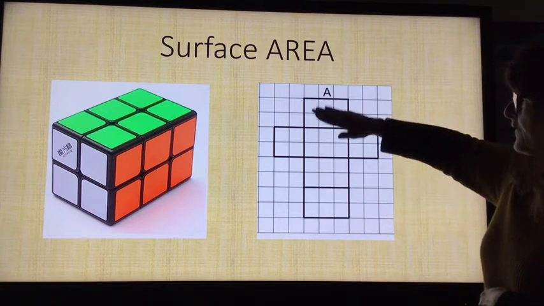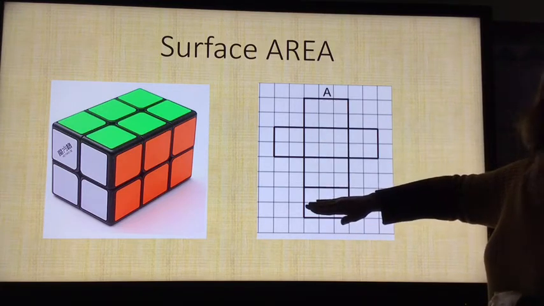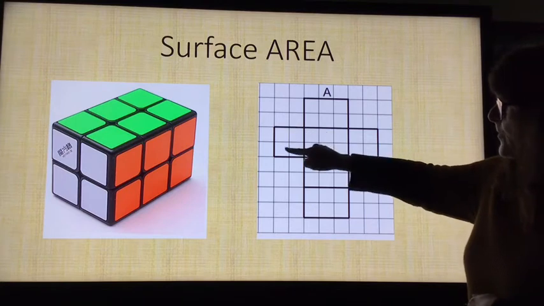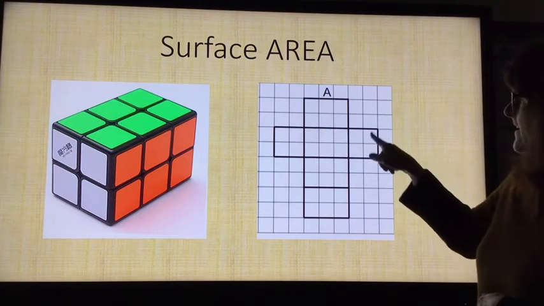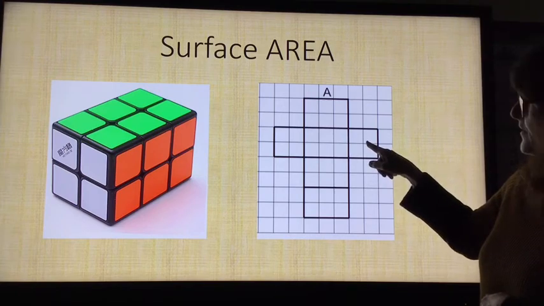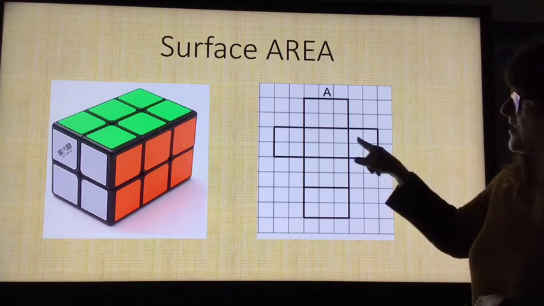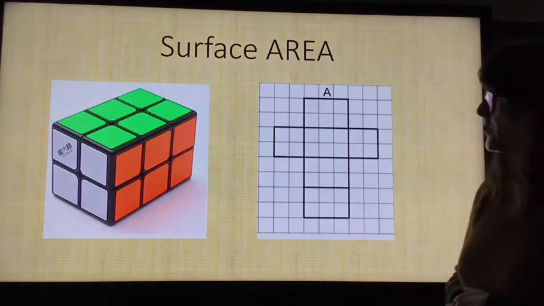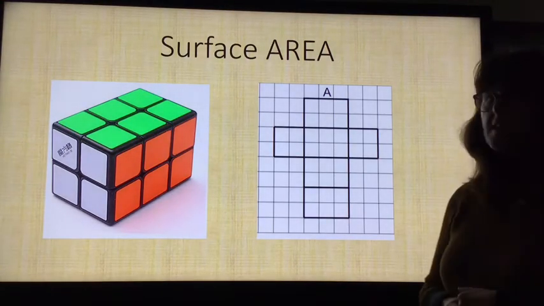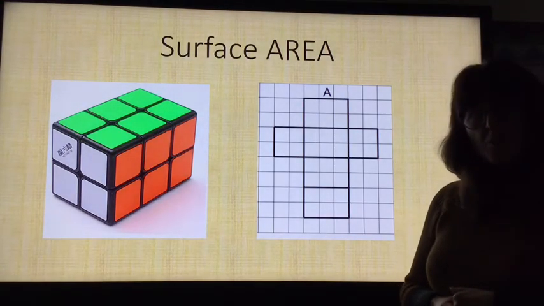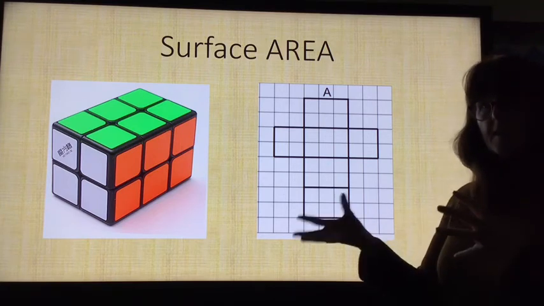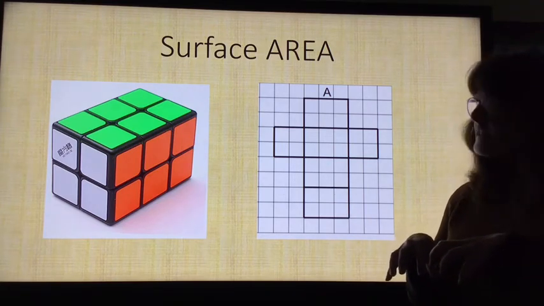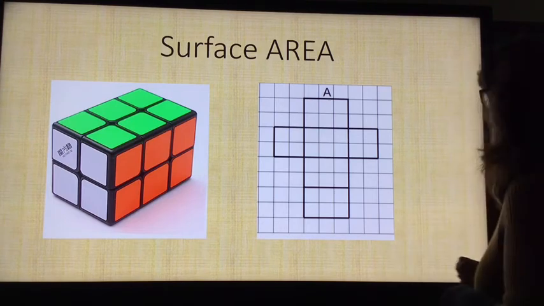So 4 times 6 is 24. Then we have to add on the 4 here, that's 28, and another 4 here, which would be 32. So the surface area of that cube would be 32 centimetres squared this time, because we're talking about area. Now you see why I've put this in the volume teaching on the next slide.